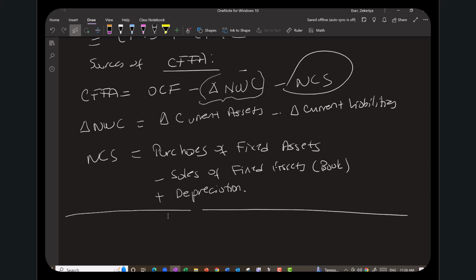That's going to increase inventory and accounts receivable, which is going to increase current assets, and if nothing else changes on the current liabilities side, you basically spend money on working capital. That doesn't mean that you didn't have a good year. But if you keep having negative cash flows over successive periods of time, at least beware that there may be an issue with the firm. Just find out why that is happening.